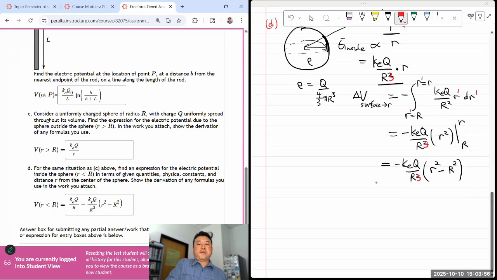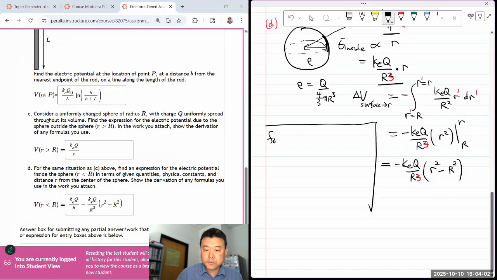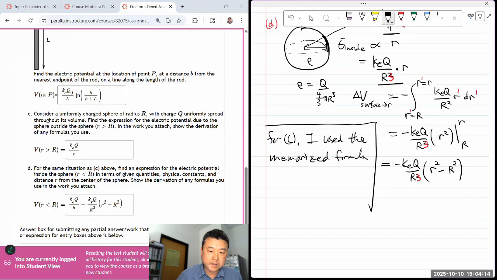So I'll add a little bit of an addendum. For part C, I used the memorized formula for the voltage of a point charge.